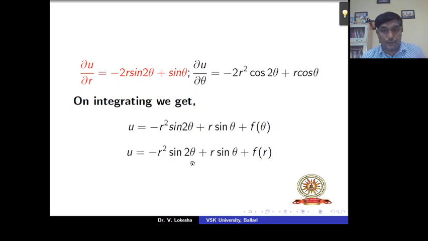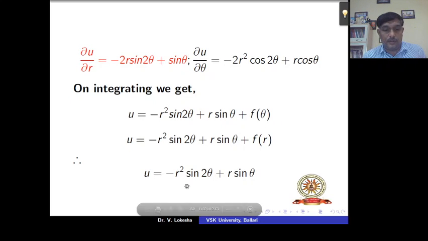We get -r² sin 2θ + r sin θ plus f of r. Here, with respect to θ we are integrating, then you get f(r) and f(θ). Comparing both of them, you get u = -r² sin 2θ + r sin θ, and f(θ) and f(r) become 0.